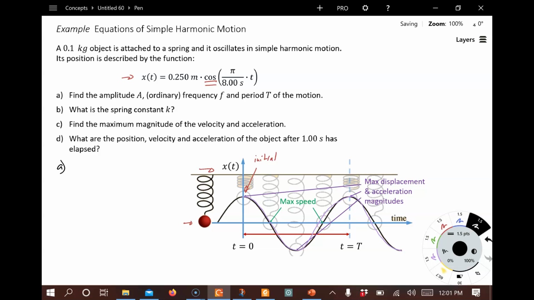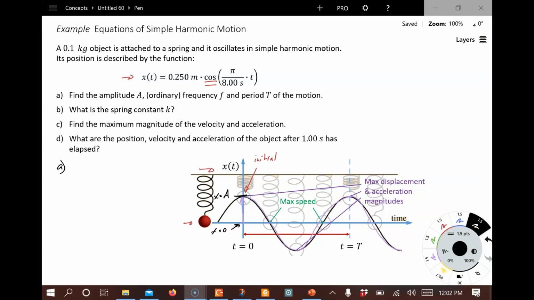Here is the location where x equals 0. Over here, this is where x equals A. That's the amplitude. Notice that the amplitude is the furthest distance you get from x equals 0 during your oscillation.